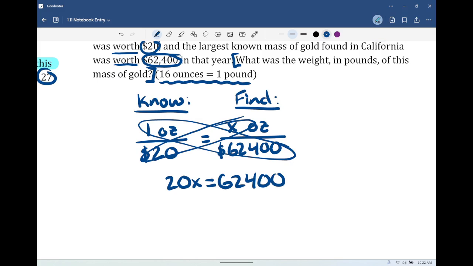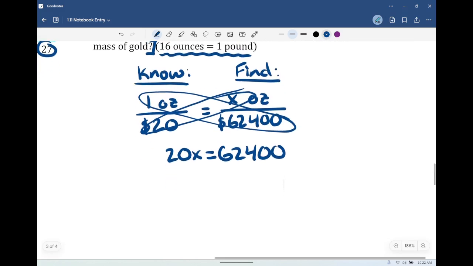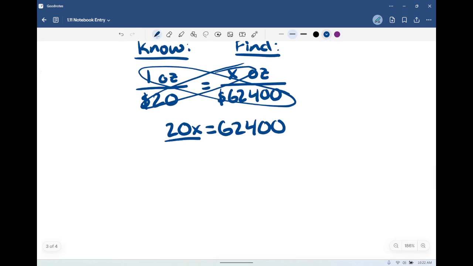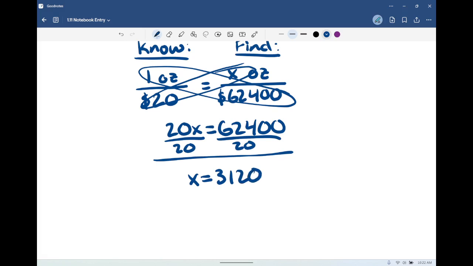Now, from here, I hear calculators starting to go. Raise your hand. When I divide both sides by 20, what should I find that x is equal to? Aiden. 3,120 what? Ounces.